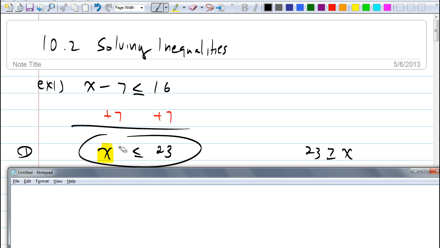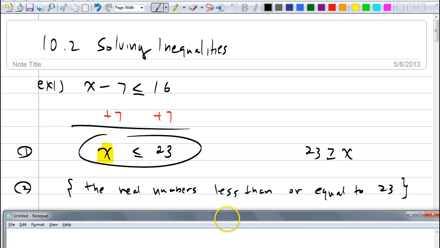Because what are all the values? How many solutions do I have for this? How many solutions would make this inequality true, x less than or equal to 23? How many numbers do you know that are less than or equal to 23? Infinitely many of them, right? So here's how you write this as a sentence.